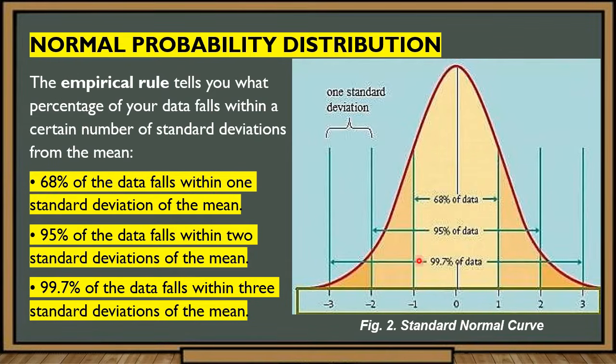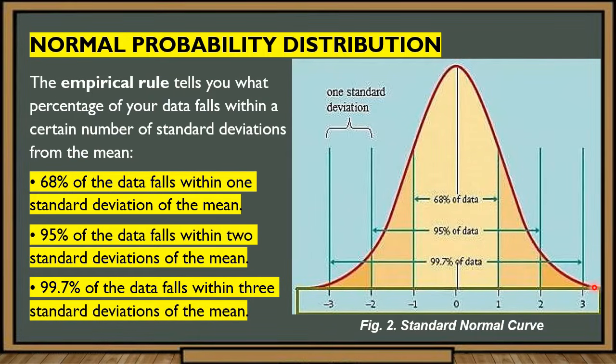The data falls within this region, which is almost 99.7% of the data within 3 standard deviations of the mean. So this is almost 100%. Only a little is not covered.